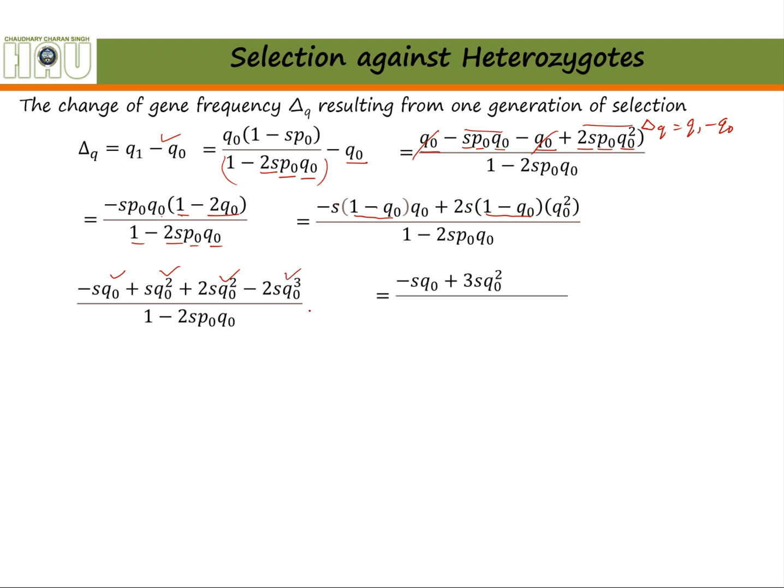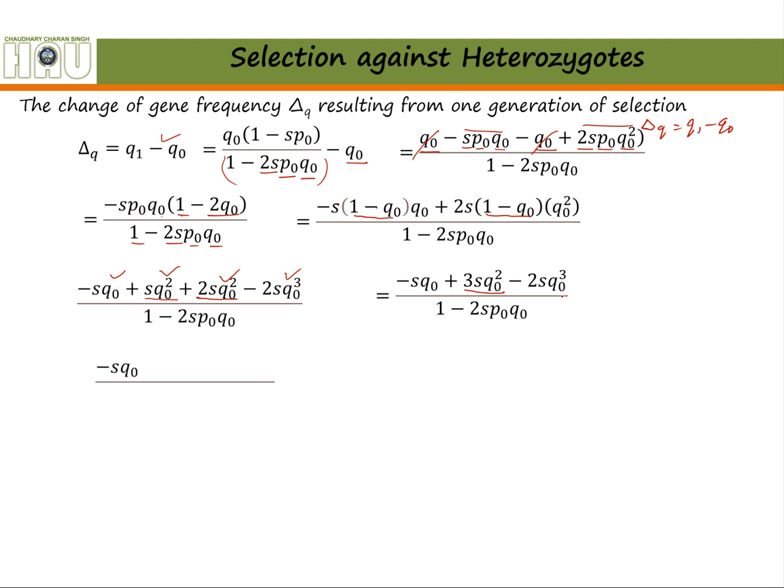And you can write like that, because this is plus 2S Q0 square plus S Q0 square, it becomes 3S Q0 square, and rest of the terms as such.